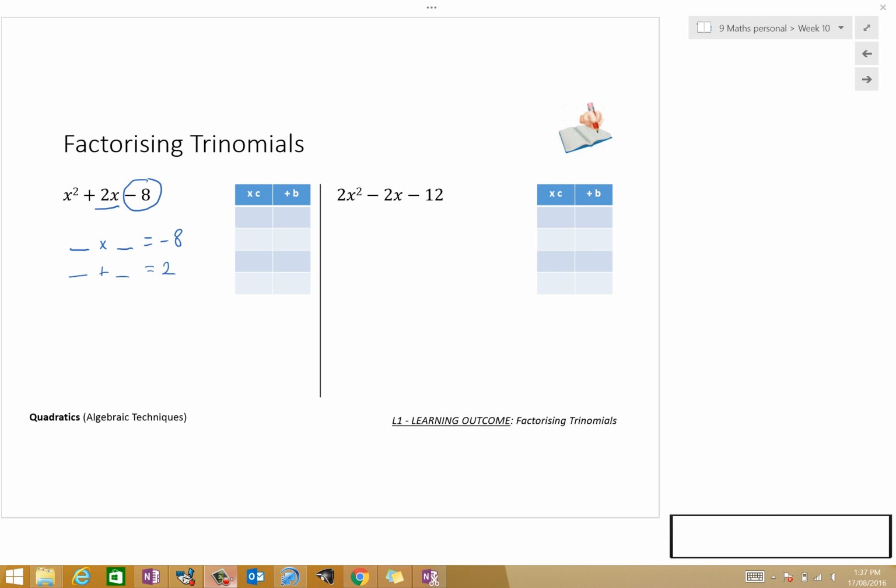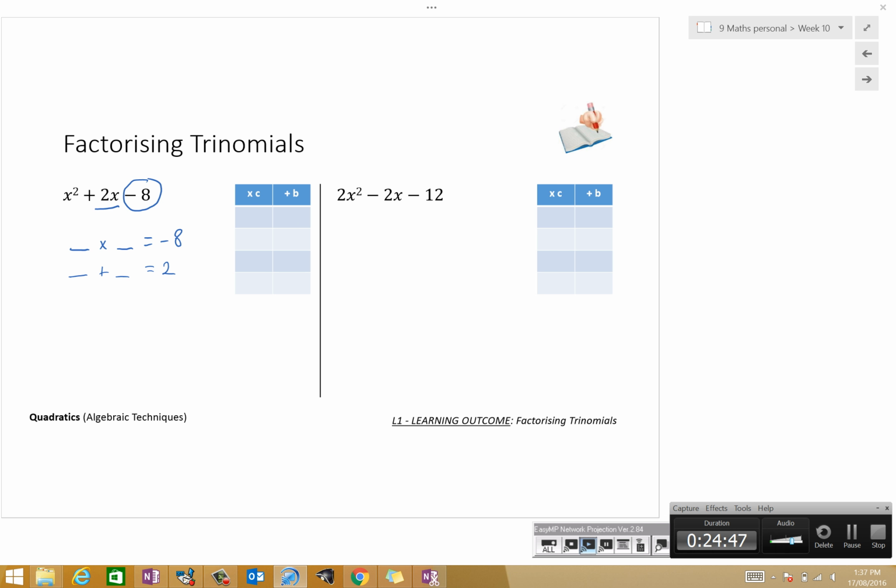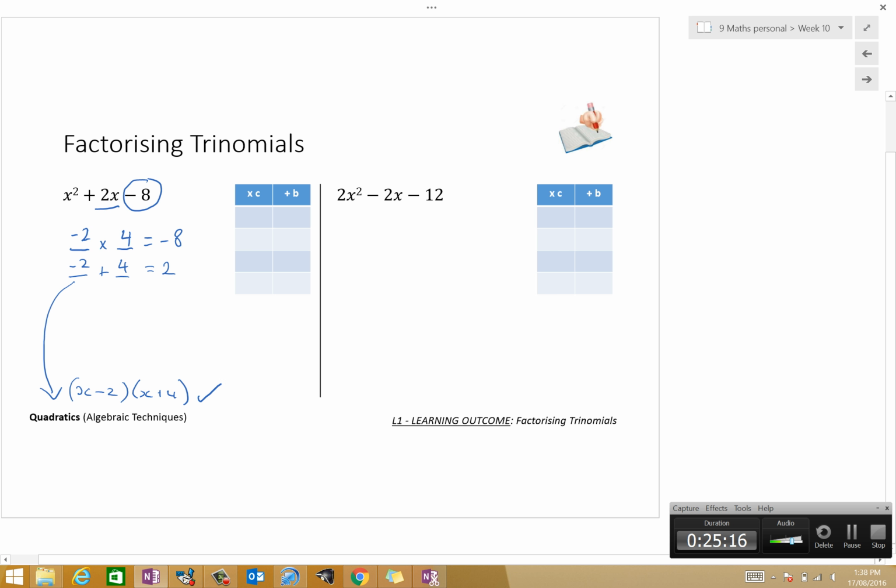Those two numbers are what? Will? They are negative 2 and 4. So negative 2 times positive 4, and negative 2 plus positive 4 is equal to 2. Excellent. Eventually you just go to, okay, factorise: those two numbers, minus 2 and positive 4, that's our answer.